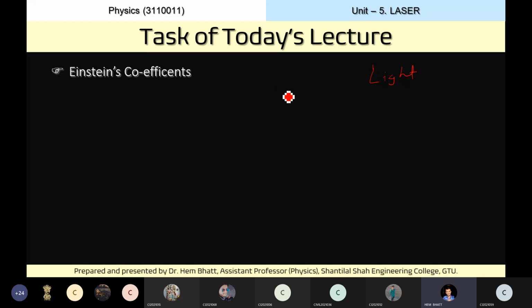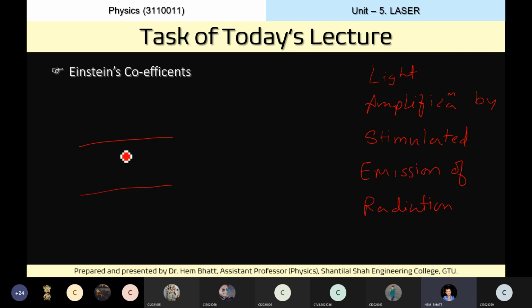It is light amplification by stimulated emission of radiation. तो જો સ્પોન્ટેનિયસ એમિશન થાય ને તો ઇલેક્ટ્રોન એક્સાઇટેડ સ્ટેટ ટુ ગ્રાઉન્ડ સ્ટેટમાં એક ફોટોન આપીને આવે. This is spontaneous emission.